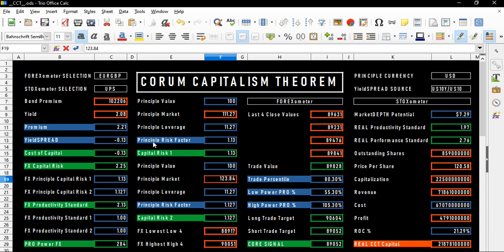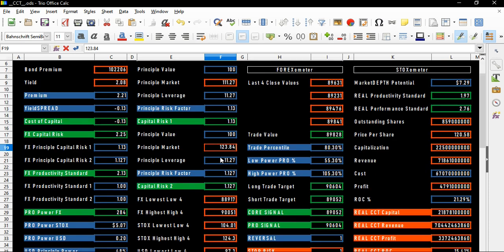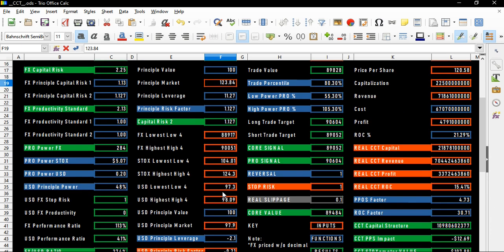So go through our second column, our principal risk factor, all right, is the capital risk for the euro, 113. Okay, that's 1.13% of the U.S. dollar, and in $100,000 increments in a lot, that's $1,130. Then there's the British pound risk factor and capital risk is 1.127.